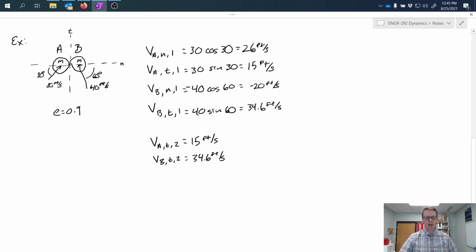Now I've got a bunch of things here figured out, and my only remaining component is to write my conservation of momentum equation. So conservation of momentum makes use of all of the normal direction velocities before and after the impact.